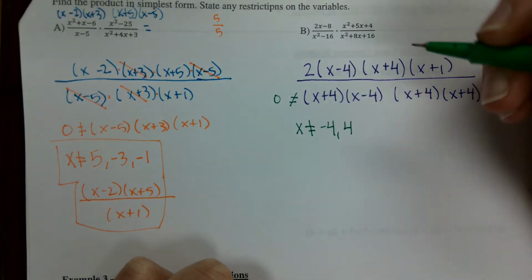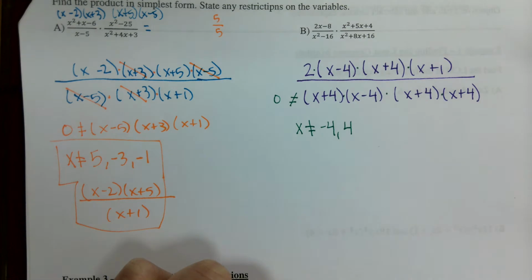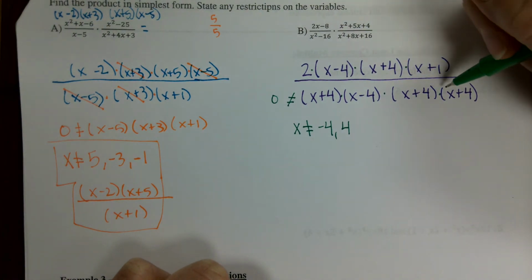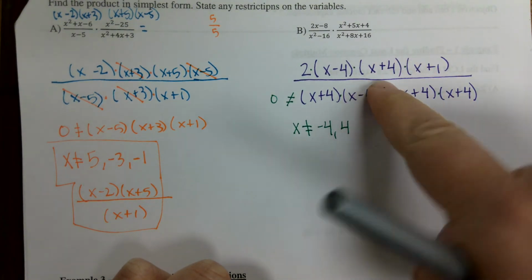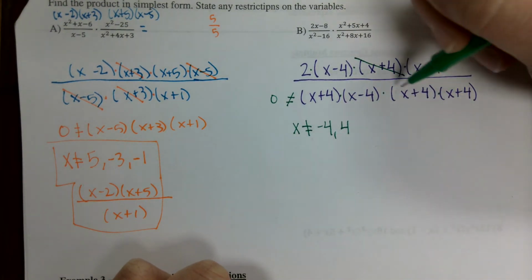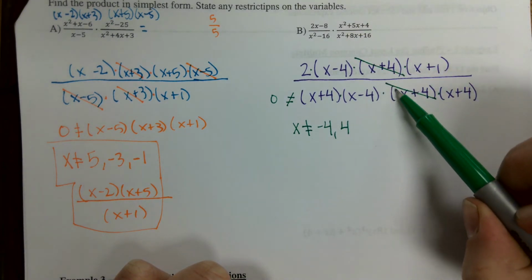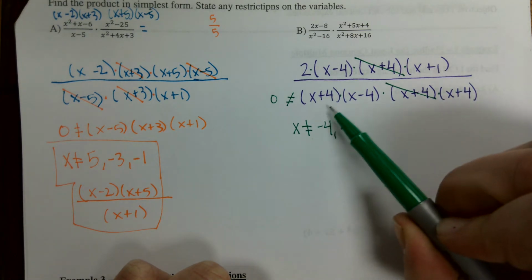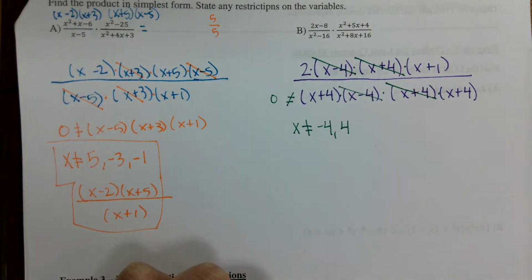So now, because it's multiplying in between each of these, I'm looking at what will cancel. It has to be the exact same. So I have an x plus 4 here. I have 3 x plus 4s. I only have 1 x plus 4 on top. So it doesn't matter which one I take, but it has to be the whole thing. Notice I'm taking away the whole thing wherever I'm multiplying. I do not have an x plus 1 on bottom. I do have an x minus 4 on bottom. So this whole thing cancels with this whole thing.